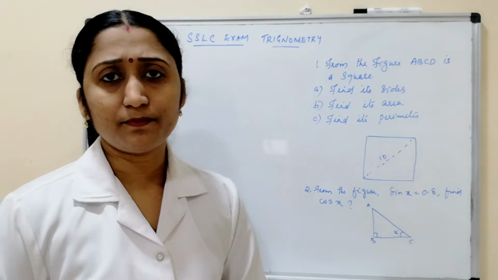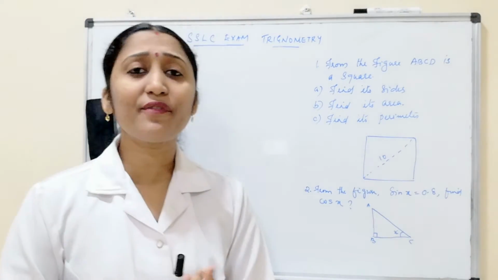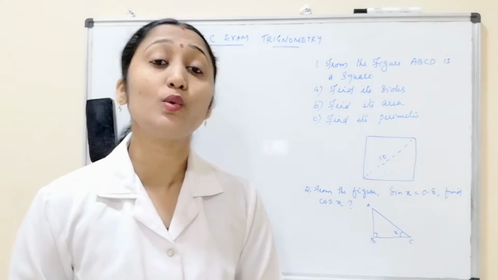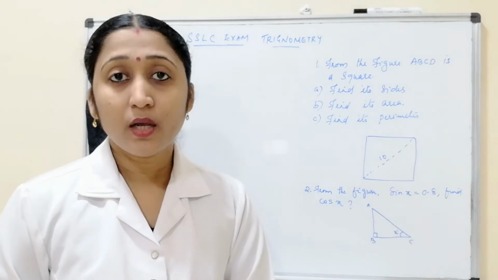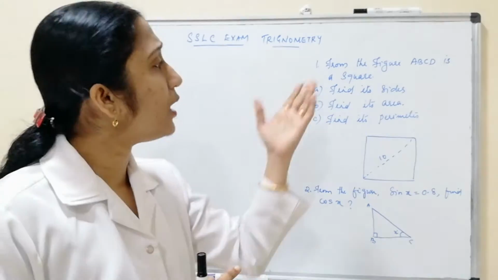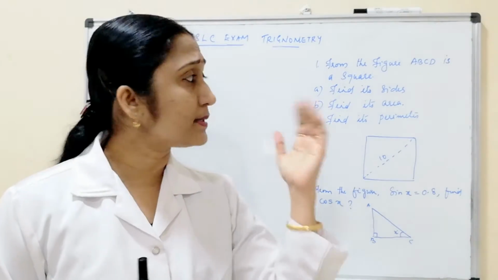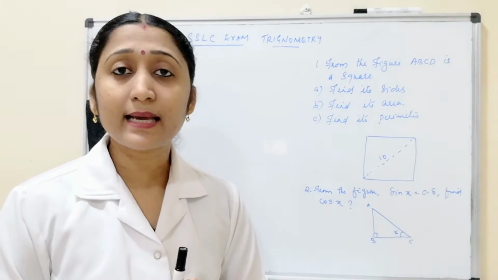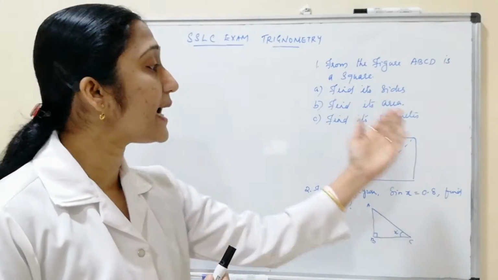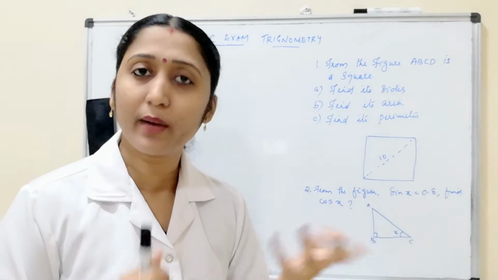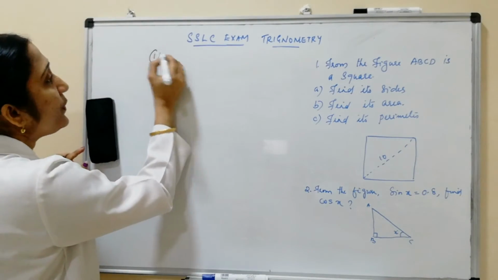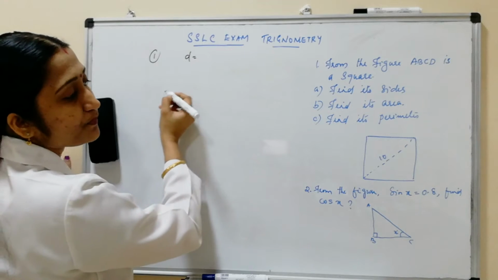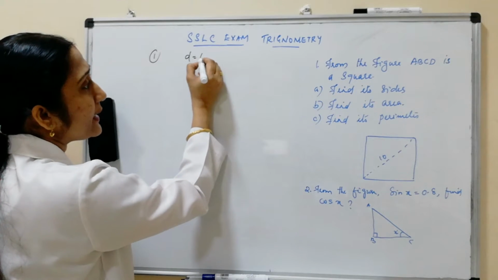In a square, what is the speciality of a square? All four sides are equal. But here only the diagonal is given, so from the diagonal, how do we find the sides? When the diagonal is given, D is equal to 10 centimeter.